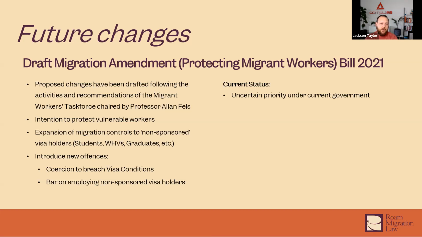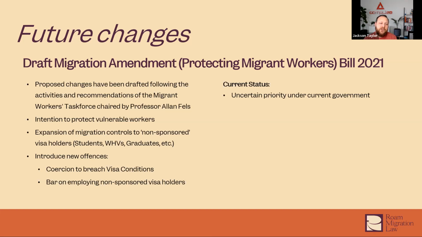Now, you may or may not recall, Professor Allan Fels was initially engaged by 7-Eleven to manage their repayment and plan to redo the way that 7-Eleven managed temporary visa holders. He was terminated from that job and quite promptly made the chairman or co-chair of the Migrant Workers Task Force.